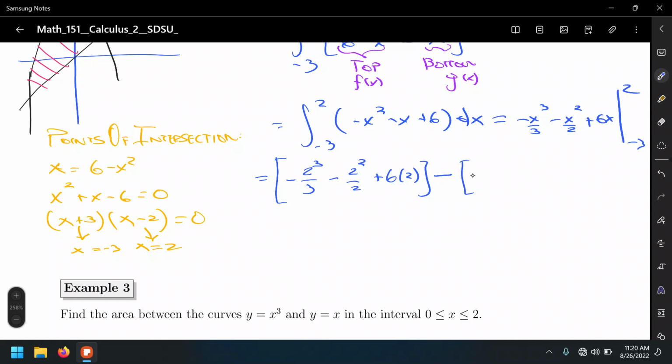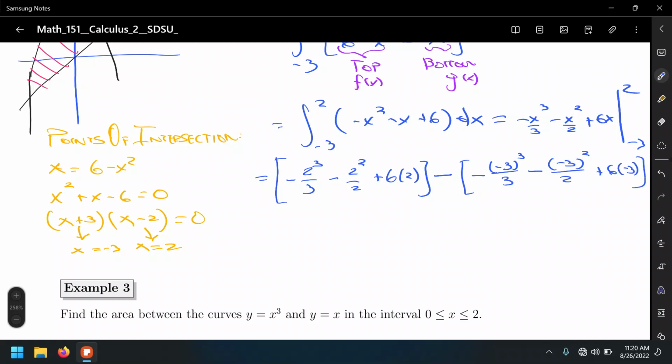Check this out. Notice the lower limit is negative, so it includes a negative sign. I would open parentheses here: negative 3 cubed over 3 minus negative 3 squared over 2 plus 6 times negative 3. All right.